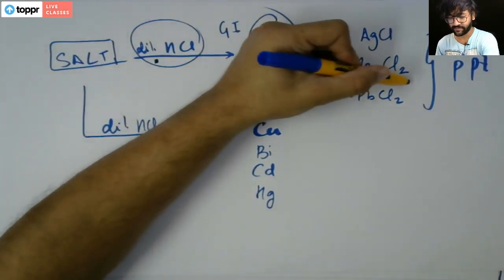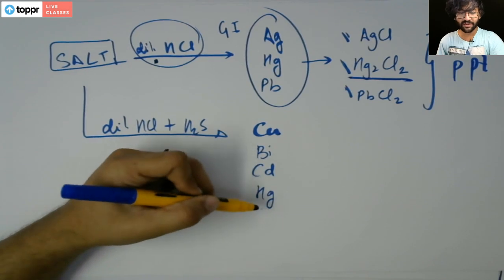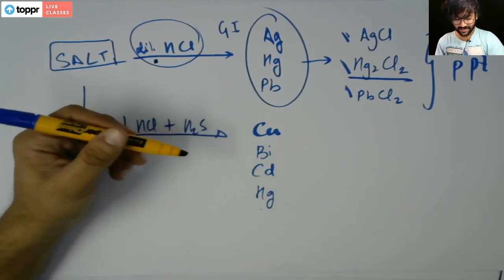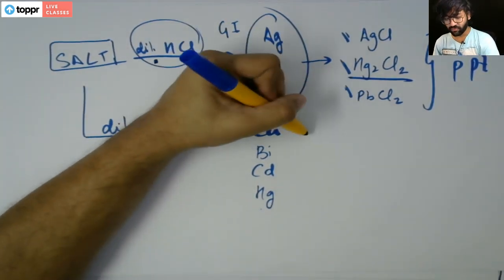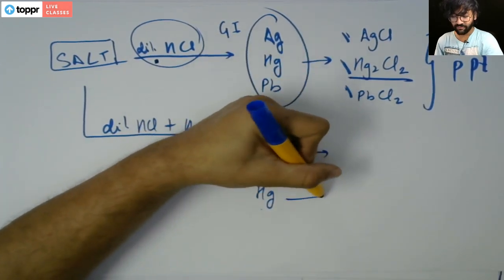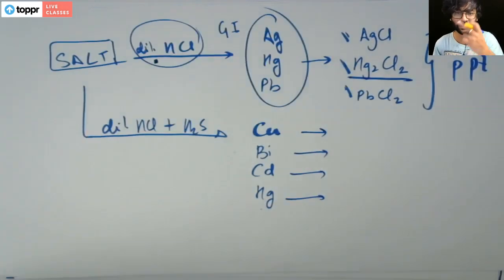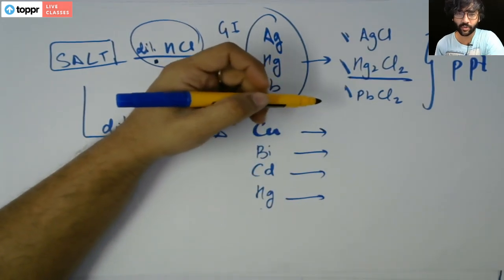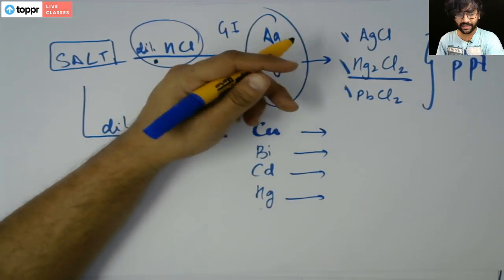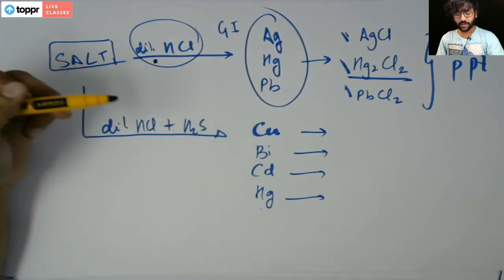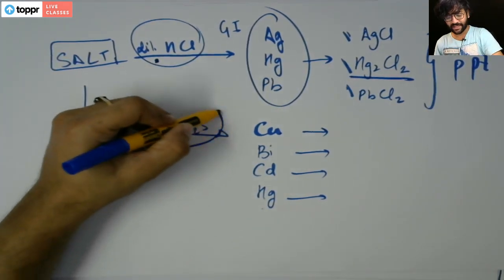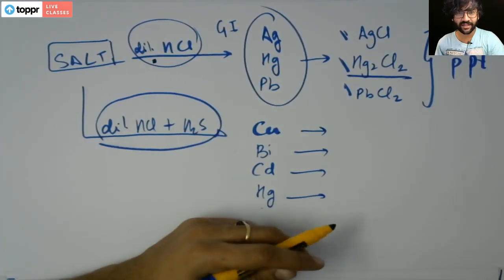Mercurous is in group 1, here they will occur as mercuric. Similarly we can have arsenic and everything. These things will occur as sulfide precipitates and they will be acid insoluble, they won't dissolve in acid, and that's how we can test for group 2 by adding dilute HCl and hydrogen sulfide gas.